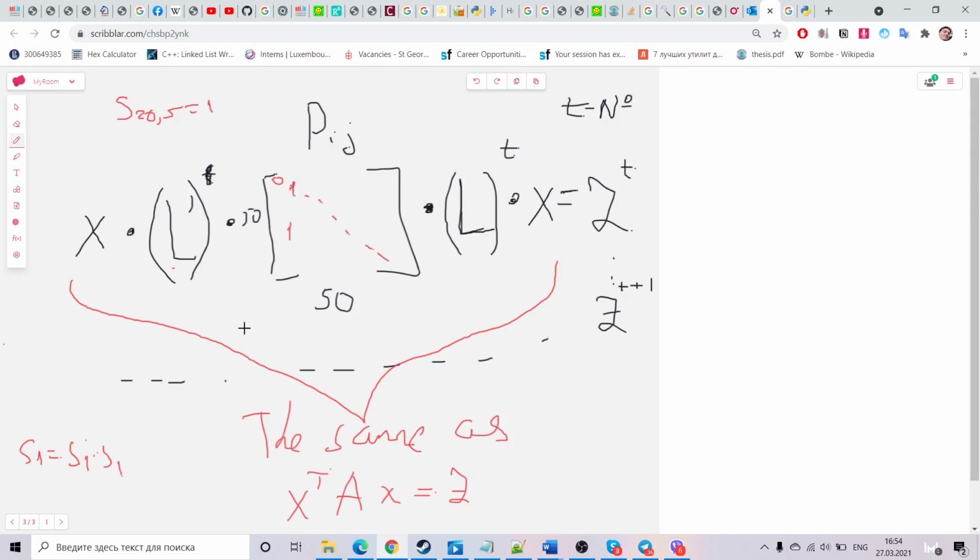And next, we should multiply it by our states. For it will be responsible these parts, left and right, here and here.